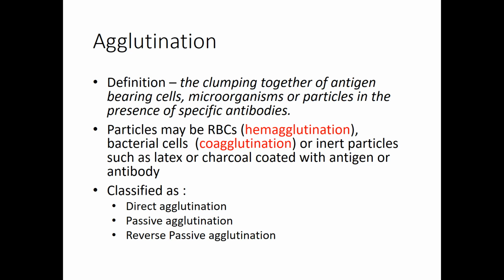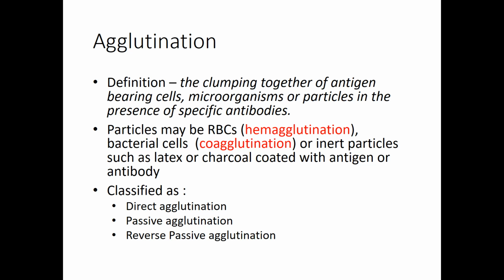And we know that because this is a particle that the antigen is attached to, it's going to be visible. We don't have to wait for immune complexes, we'll see the agglutination. It's clearly a visible reaction. The particles involved in agglutination can be red cells, and if it's a red cell, we call that hemagglutination.